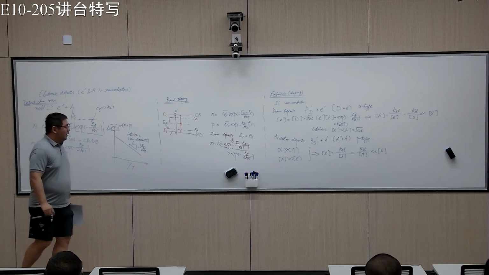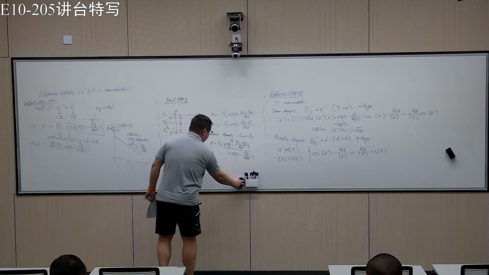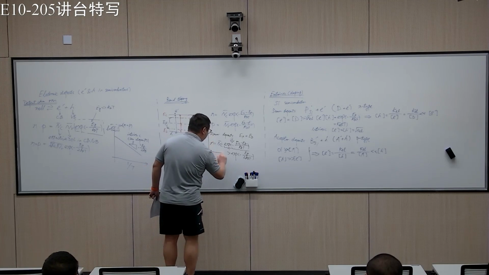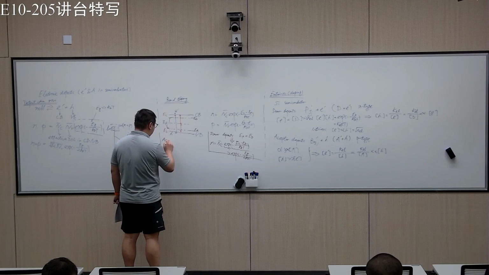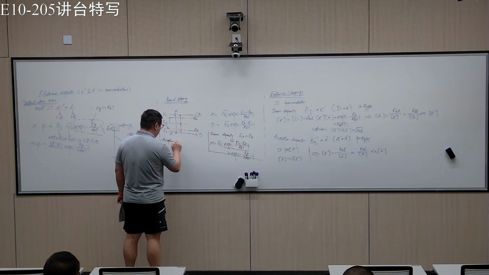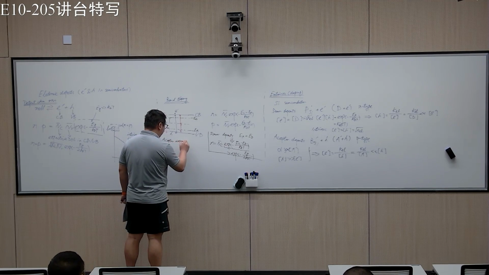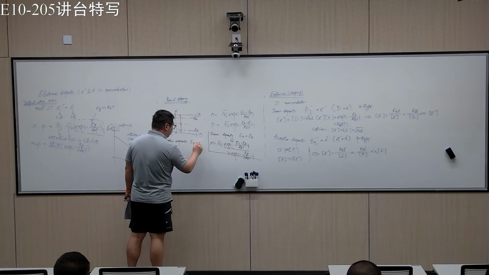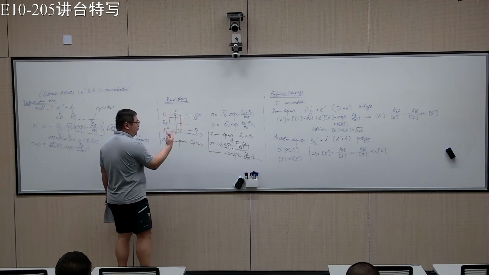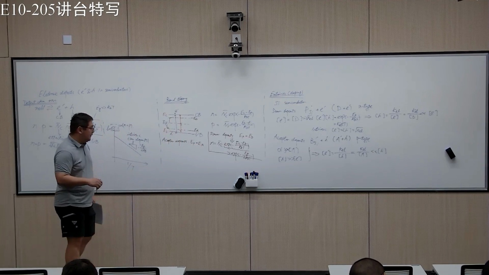Okay. Then if we have, I'll just write here, acceptor open. Then EF should be something like EA, which is very close to the valence band in this case.